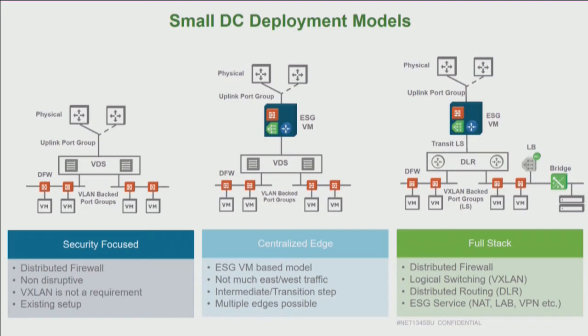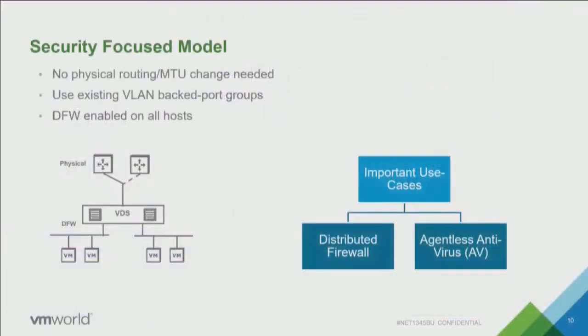You need to make sure that you have at least 1600 MTU set up on your physical infrastructure for your VTEP to VTEP, or VXLAN, communication. Only one VLAN, not everything, but just at least one VLAN. That is important, right? That will enable the full stack model for you. Okay, so that is a high-level picture of all the models together. Now let's dive into each one of these models.